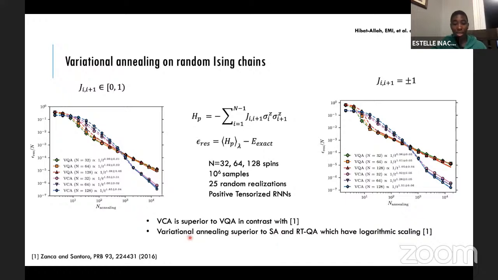For their simulations, quantum annealing was superior to classical annealing, which is contrary to what we see here. And basically for them, simulated annealing and also quantum annealing, the real-time dynamics had a logarithmic scaling on this problem, but for us we have a polynomial scaling. So we do see an advantage of this kind of neural annealing procedure.